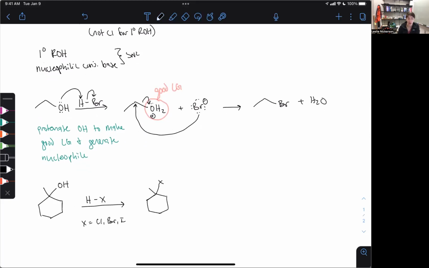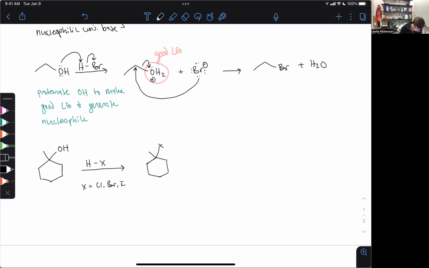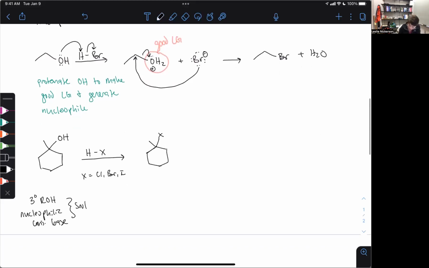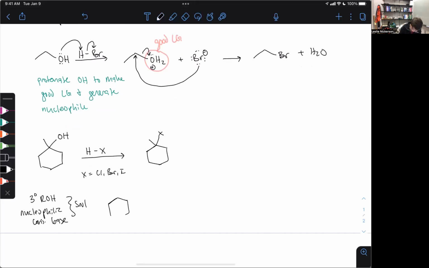for our OH. So if we look at the mechanism here, since we've got a tertiary alcohol and we've got a nucleophilic conjugate base, that's going to give us an SN1 type mechanism. So for SN1, we're going to do it with HCl this time. In this situation, the OH is not just going to come off as OH minus.